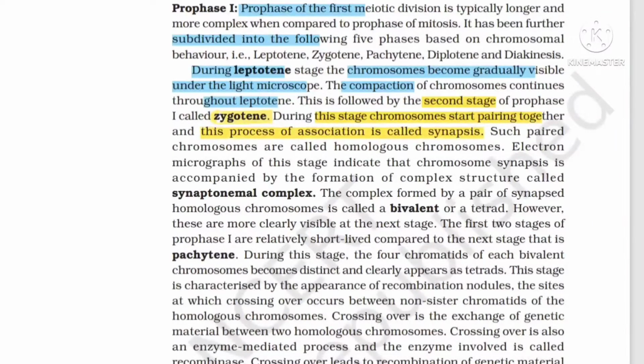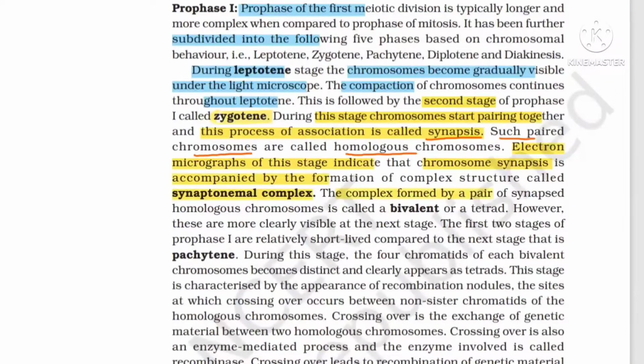Please remember, beta, this is the spelling synapsis, and in the nervous system chapter we study synapse, that is ending with SE, here SIS. And such paired chromosomes are known as homologous chromosomes. Electron micrograph indicates that the chromosome synapsis is accomplished by the formation of a synaptonemal complex.